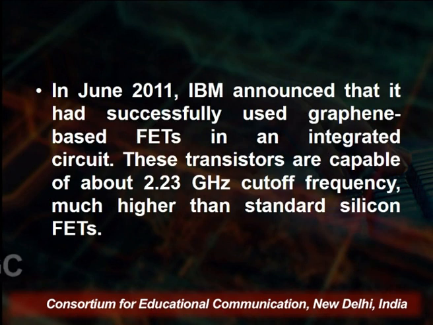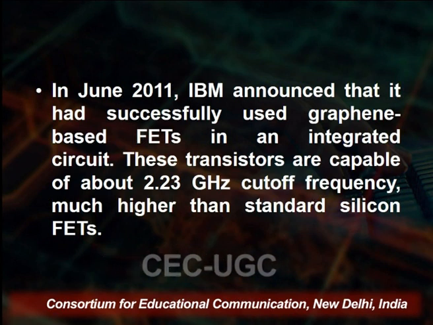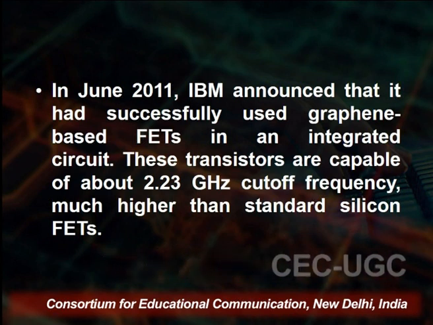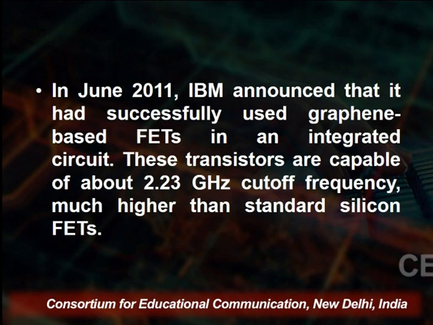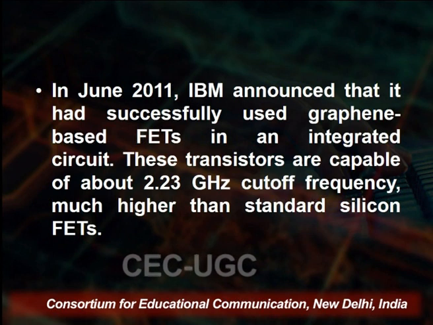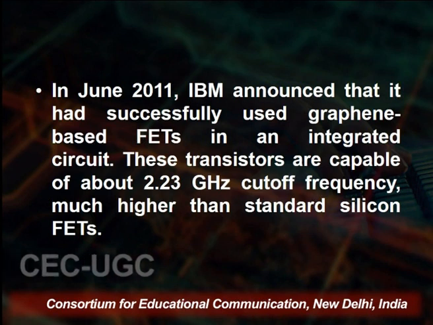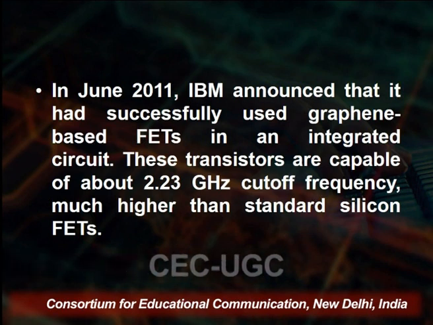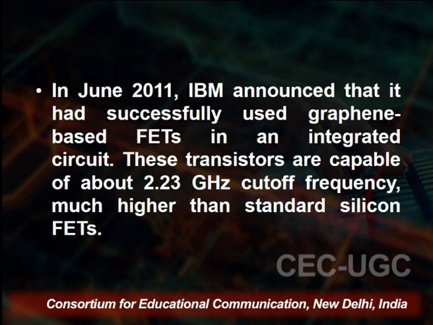Now, if we talk about the FET history, in June 2011, IBM announced that it had successfully used graphene based FETs in an integrated circuit. This means graphene as a material can be used for FET preparation, and these transistors are capable of about a 2.3 gigahertz cutoff frequency, which is much higher than the standard silicon FET.